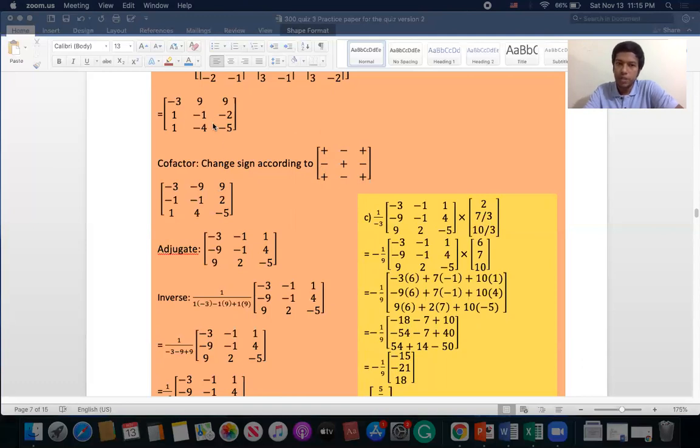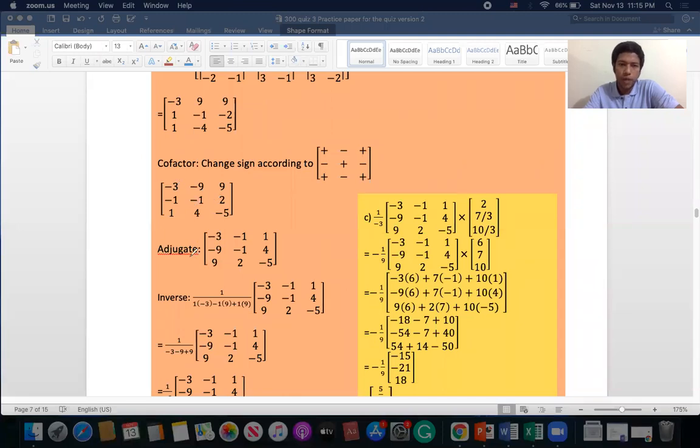If it is positive, it will become negative. Suppose this minus 4 will become plus 4, and if it is positive, it will become negative. So the minus sign always alters the sign, but for the plus, you don't even have to think. Whatever it is, just put it as it is. So we just change the sign based on that rule.